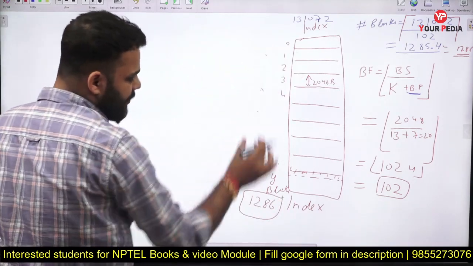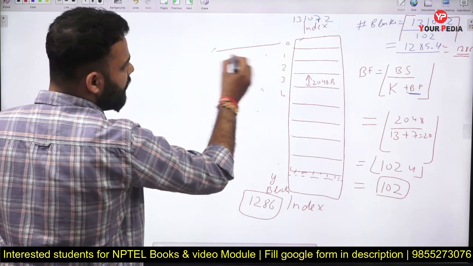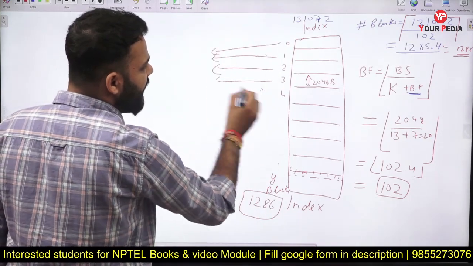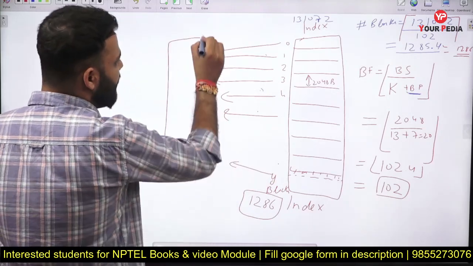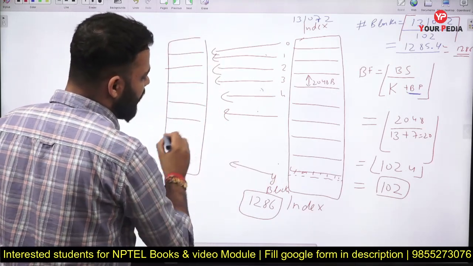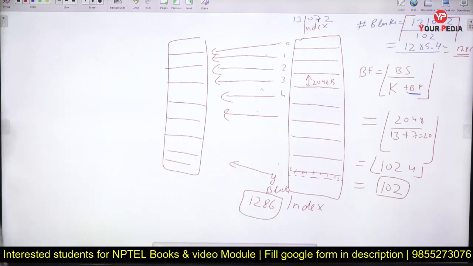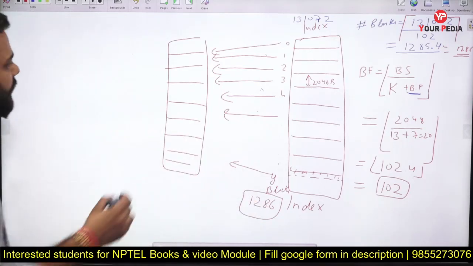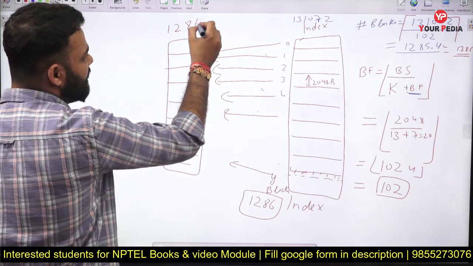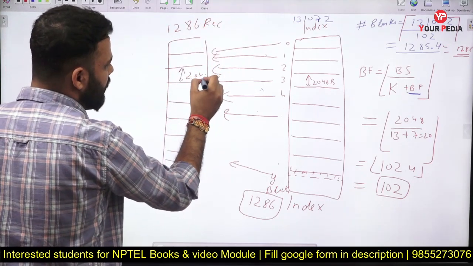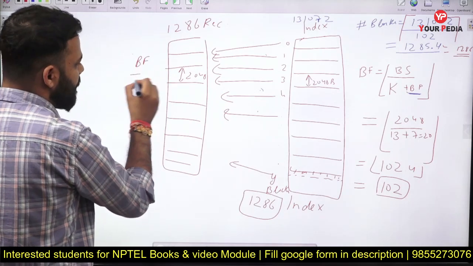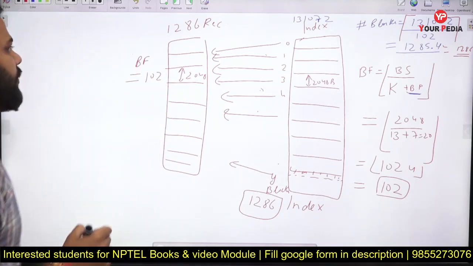Now these blocks will be the record entries for the second level of index. If this is the first level of index, then in the second level of index these blocks will work as the record entries. So there will be 1286 records here, and again the block factor for this index will be 102.